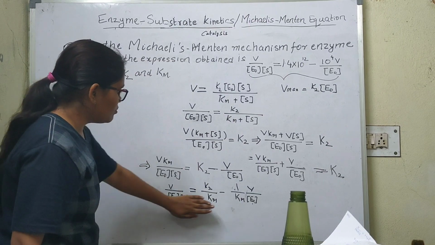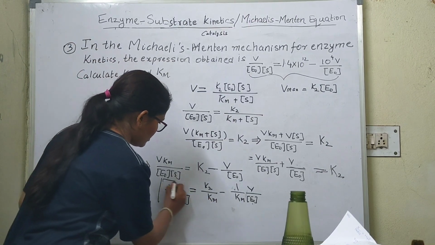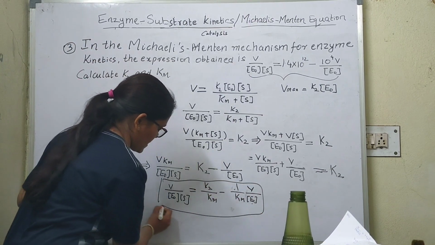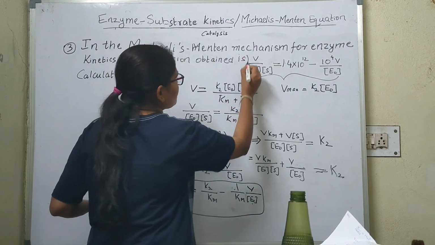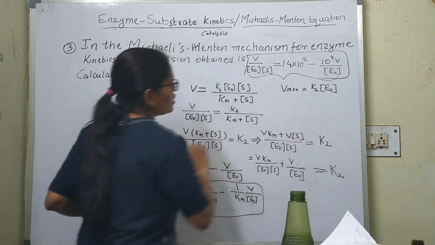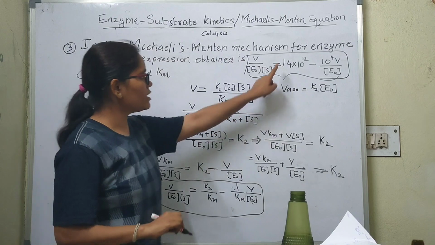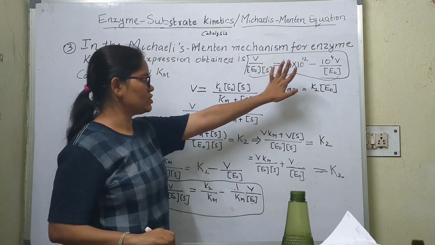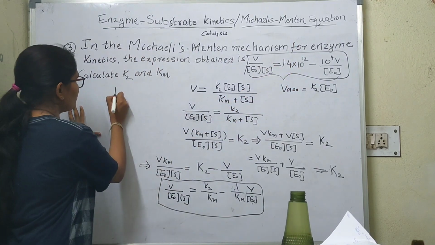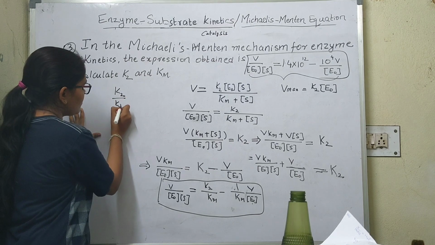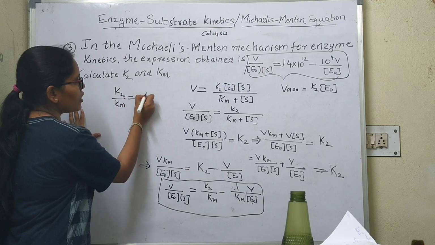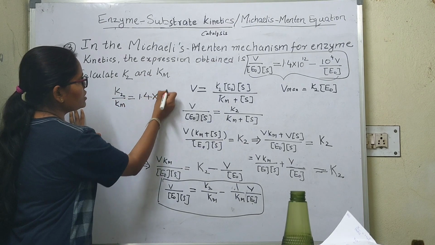Now when we compare this equation with this equation, we can clearly see that K2 by Km is 1.4 into 10 power 12.